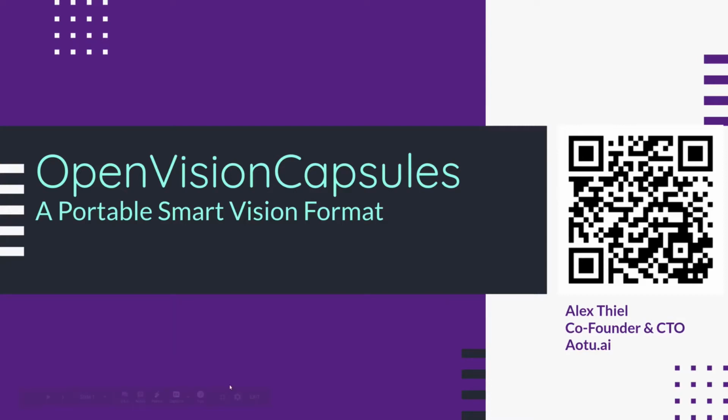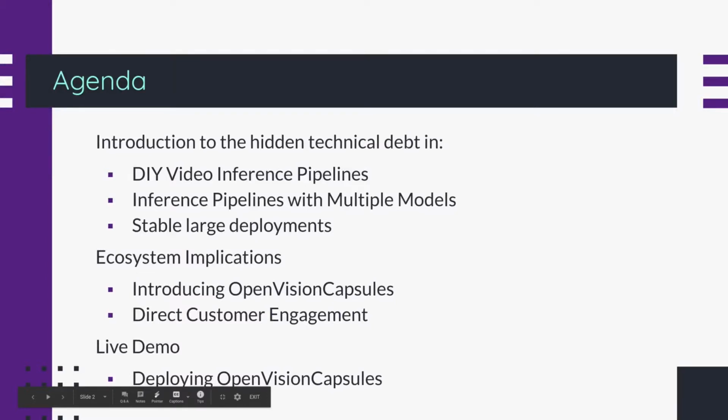And so the first thing we're going to talk about today is the usual technical debt that will grow over time in any kind of video analytics product. And so there's sort of three stages of technical debt. The first is the building of the video inference pipeline. This will seem simple at first, but gets more complicated over time.